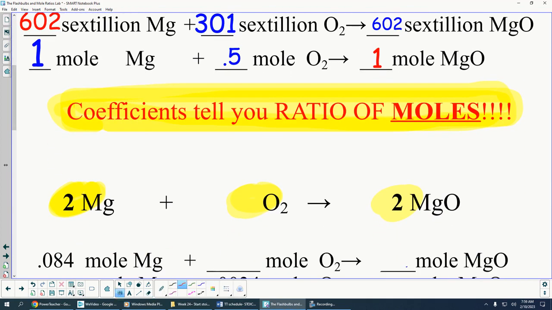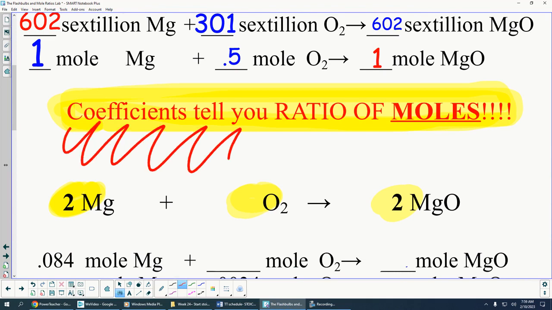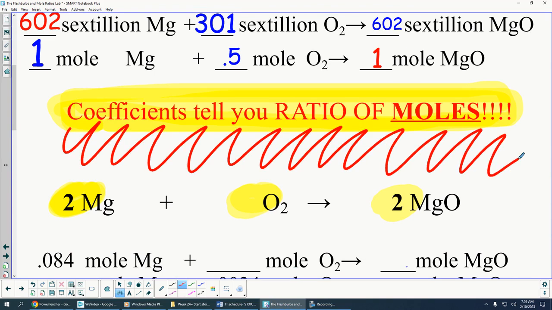While the coefficients do not affect formula weight, coefficients tell you the ratio of moles involved in your reactions. Do I have 1 of these and 2 of those to 1 of those? Do I have 3 of those to 2 of these to 5 of those? Coefficients tell you a ratio of moles. Okay? So now I want you to put that packet back in front of you.